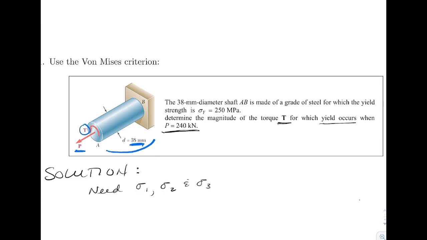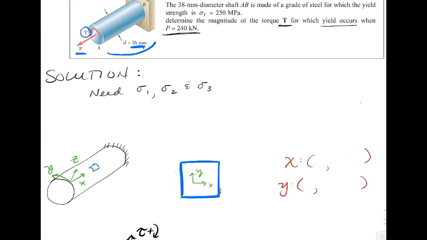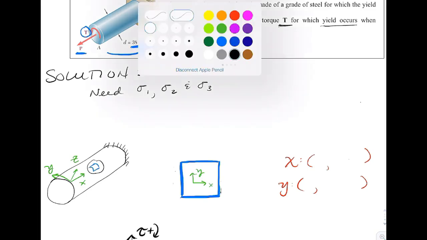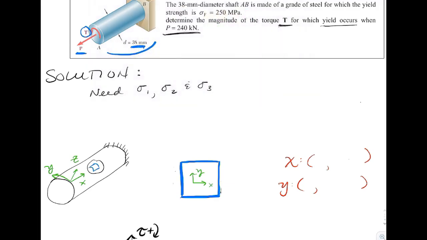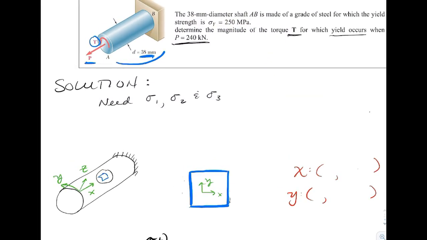So to do any of the yield criterion problems, we need principal stresses, sigma 1, 2, and 3. So we're going to need to do a stress transformation. We're going to end up looking at a critical piece on the shaft, a piece on the outside of the shaft, something on the exterior, and let's look at the state of stress at that point. The internal forces are directly the same as the applied external loads in this case.